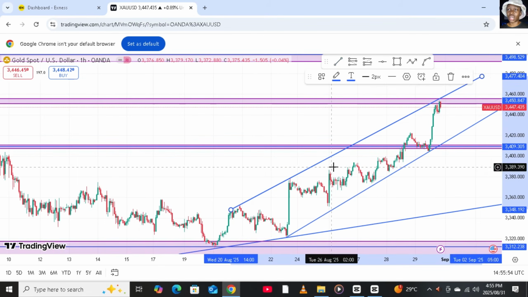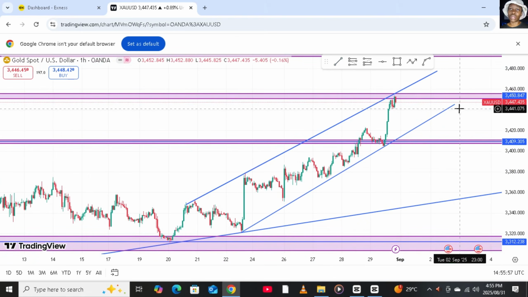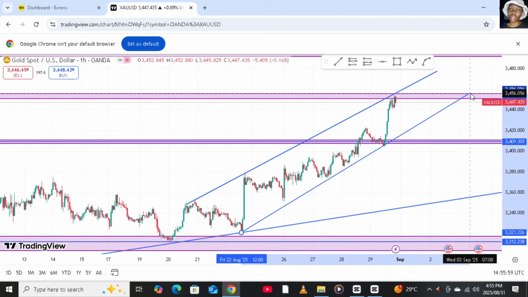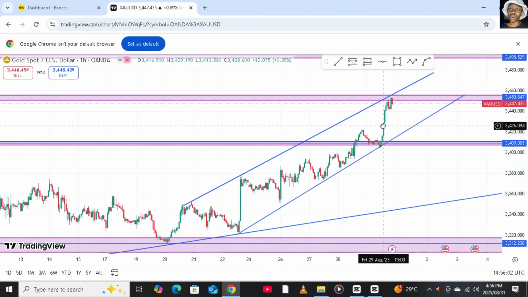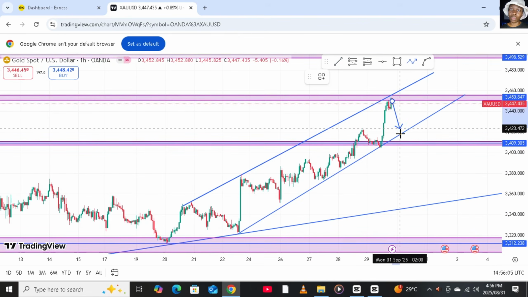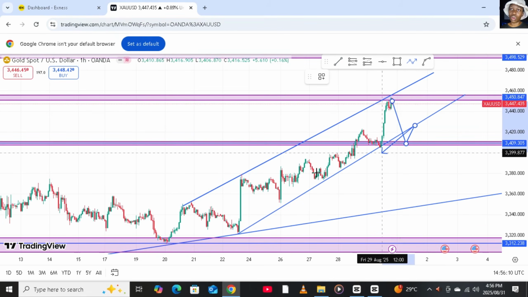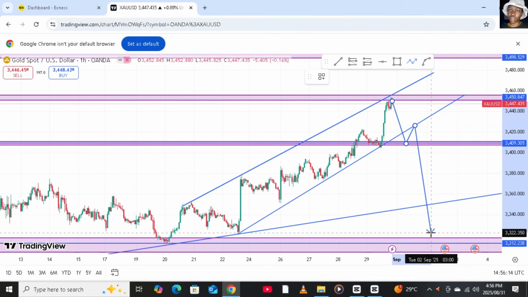I must say the market is actually selling, guys, because we have a touch over there at the bottom of our trend line. So what I see on gold is the market will drop like this, come back down to retest our trend line, changing this whole uptrend to fill in this breakout right here, guys.